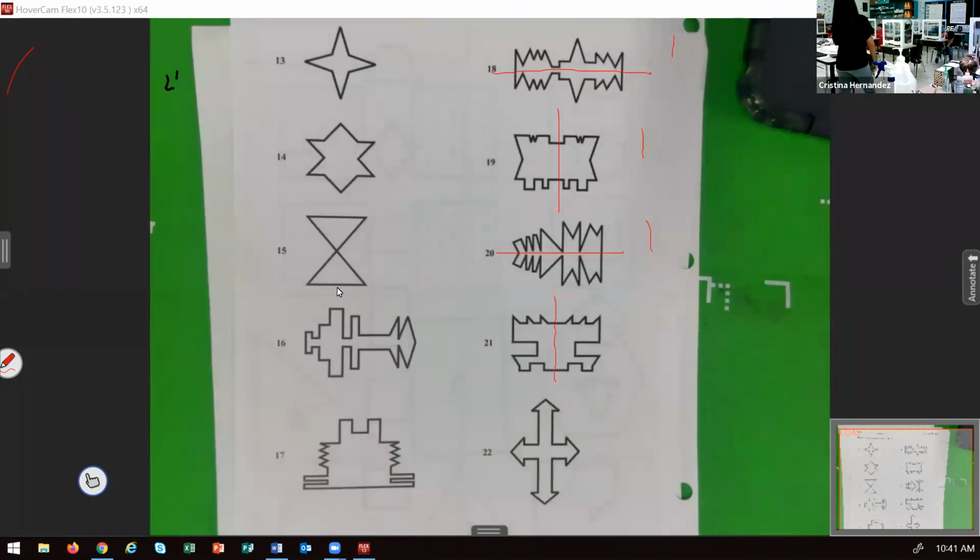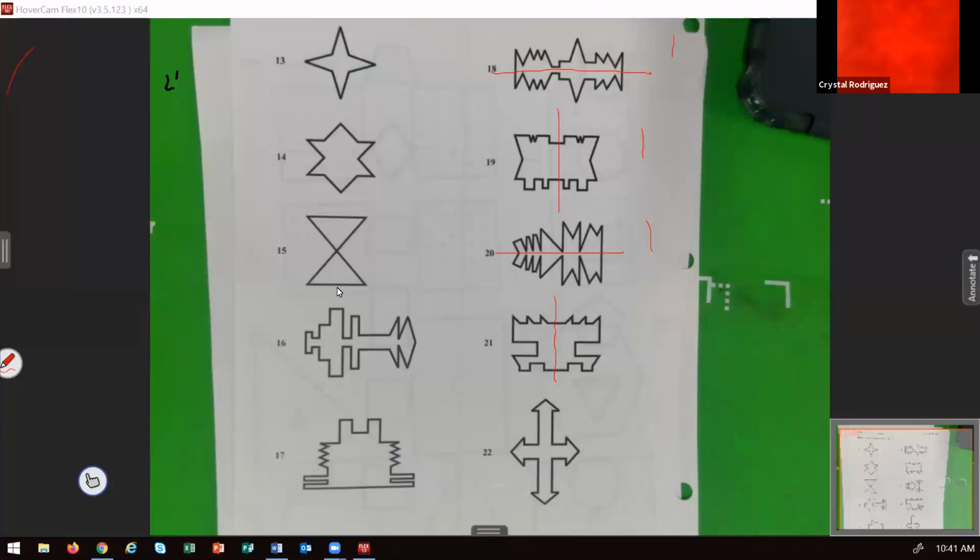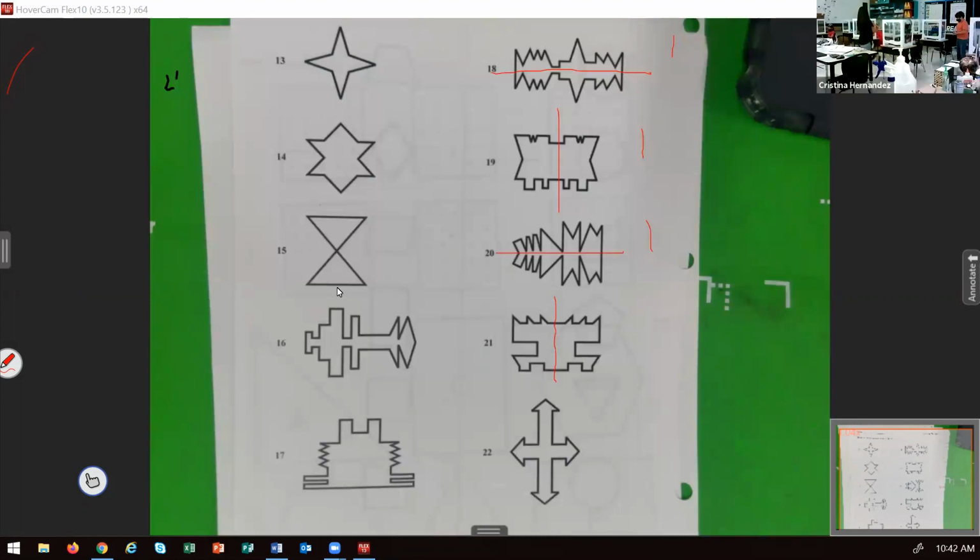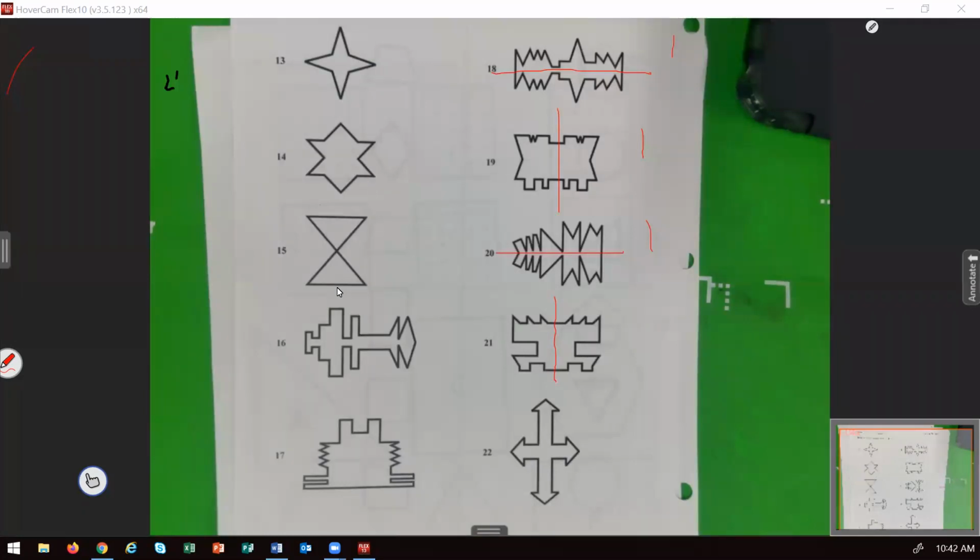Y'all better tell me how many 22 has. Looks like it has two. Yeah, maybe. It kind of looks like it has two, like one like 21 and one like 20, down the middle and then straight down. I think it has 2.